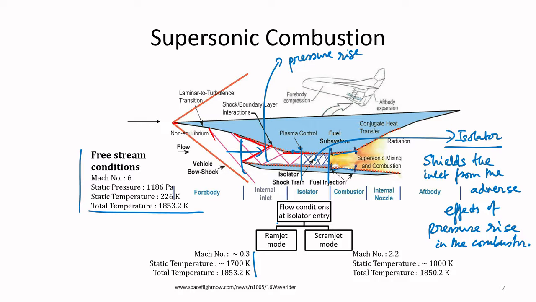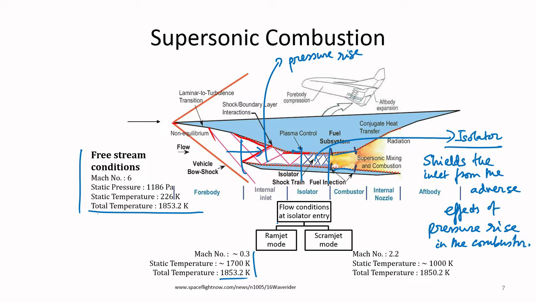The Mach number is about 0.3, and the static temperature should rise very much, 1700 Kelvin, which is enormously large for adding a substantial amount of heat. Total temperature still remains the same.